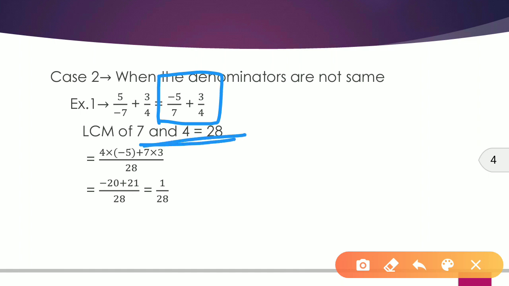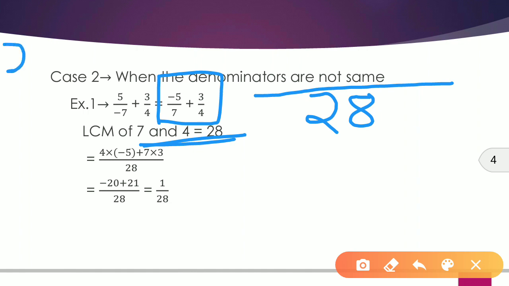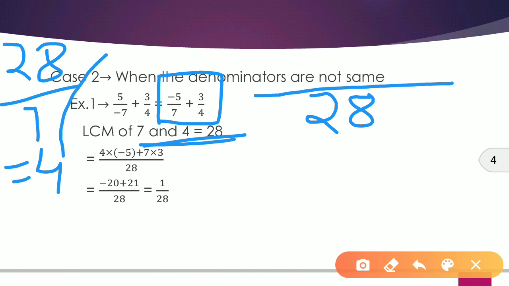Now, how to solve this type of question? First, in the denominator you write 28 and then 28 divided by the denominator of the first rational number, which is 7. This gives you 4. Now you have to multiply this 4 with the numerator of the first rational number, means 4 into minus 5.